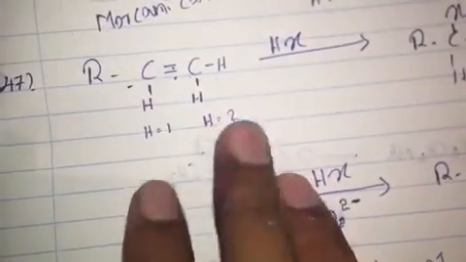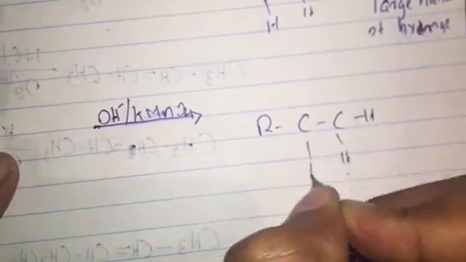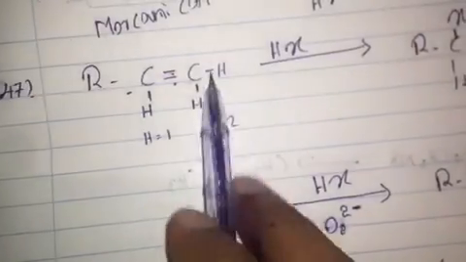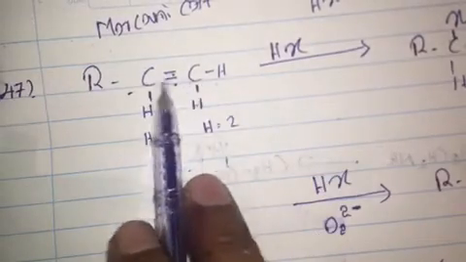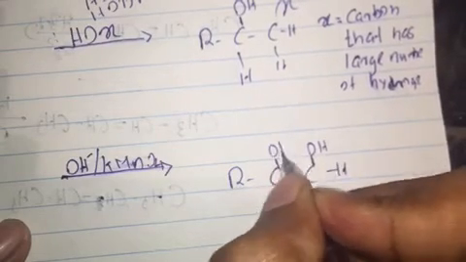When we add OH minus and KMnO4, again the pi bond between these two carbons breaks, and an OH group attaches to both carbons.